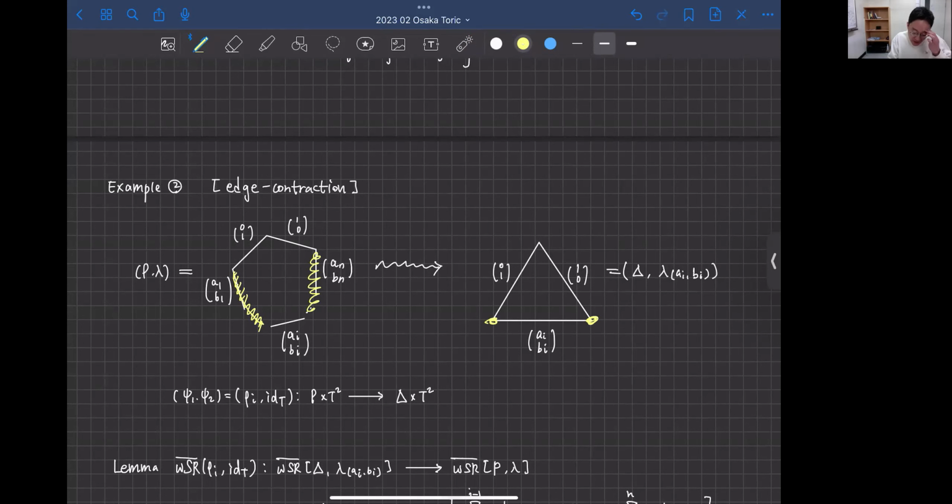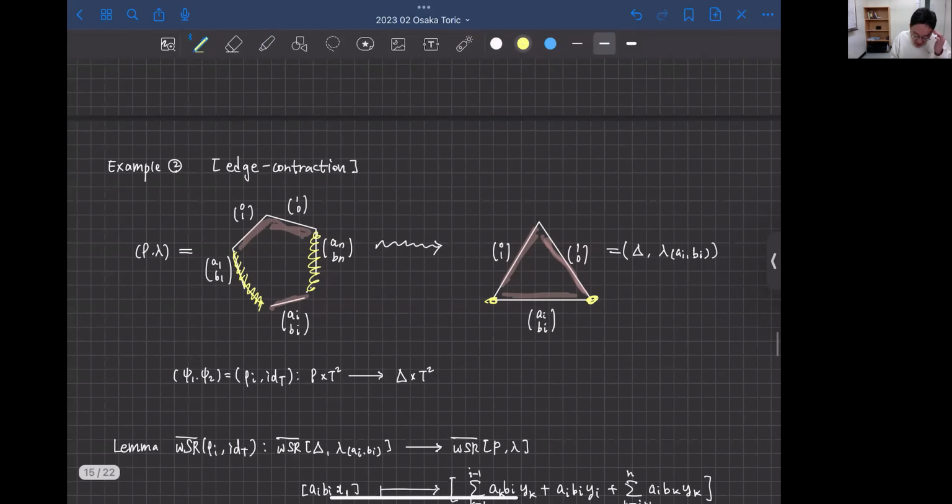So eventually, I only have this and this and this as edges in this triangle. Okay, and then my compatible pair is the edge contraction at the level of polygon, getting this triangle out of this P, and then the identity map at the level of the map of torus, two-dimensional torus.